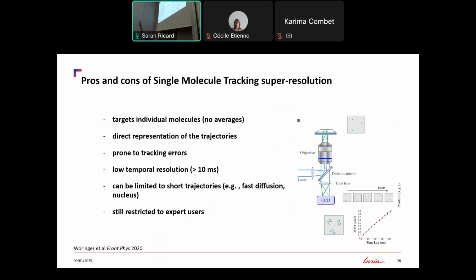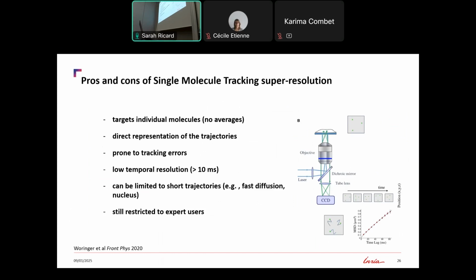And then the experiment itself is still difficult. I mean, if you are a naive biologist, you know how to do confocal microscopy, right? But if you want to do these kinds of PALM or STORM experiments, you have commercial microscopes, but it's still something that is for experts.